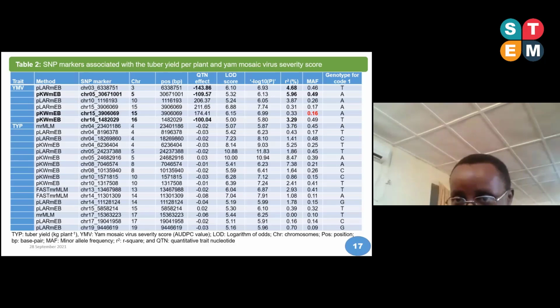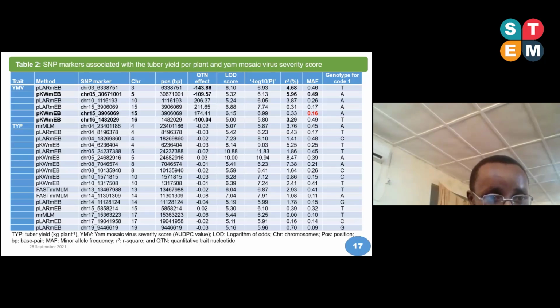We can see them and their values here for the percent contribution of those particular markers. They are also highlighted here in black. And also, we can see that the minor allele frequency ranges from 0.16 to 0.49. So it's really wide.